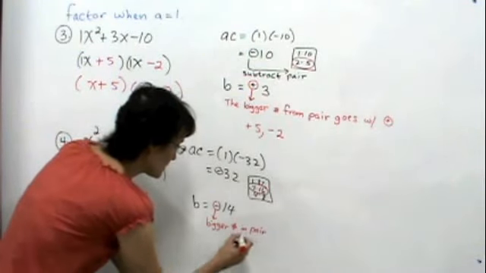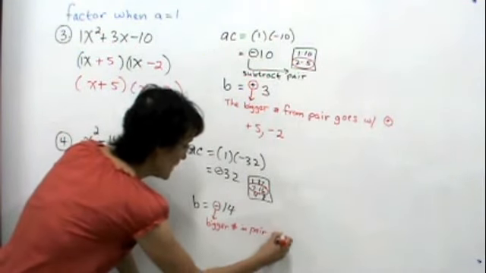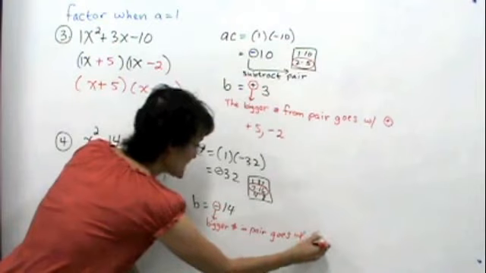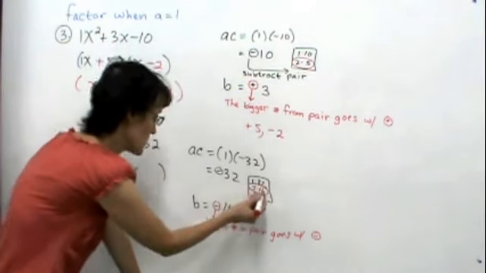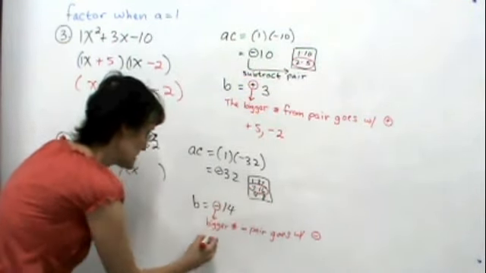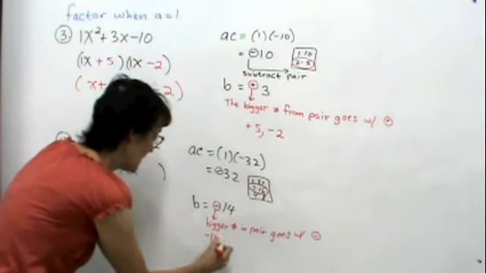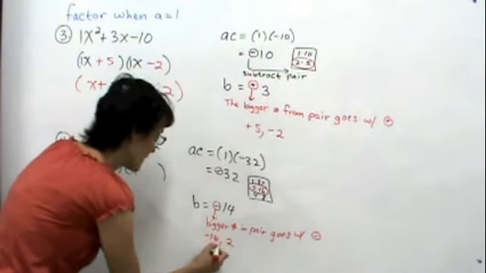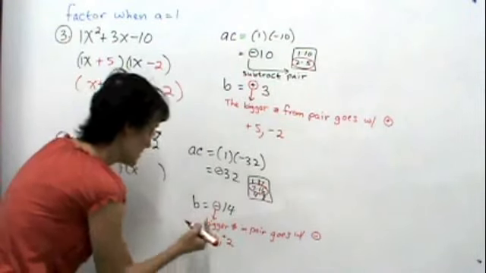So the bigger number in the pair goes with your minus sign this time. Out of 2 and 16, 16 is bigger. So negative 16 and a positive 2.